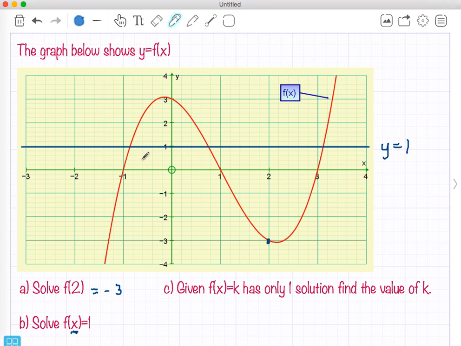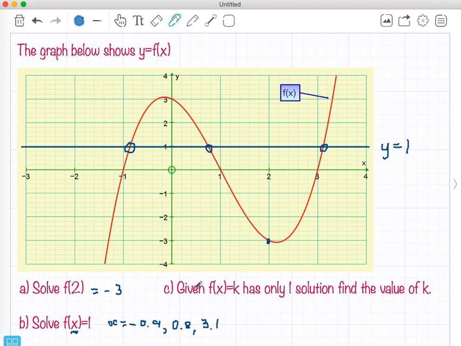And I look to see where they coincide. So there's one value there, one value there, one value there. And I want the x numbers here because x is the thing that I'm looking for. So that's x equals -0.9. And because I'm using the graph, I only have to be approximate: 0.8 and maybe 3.1.